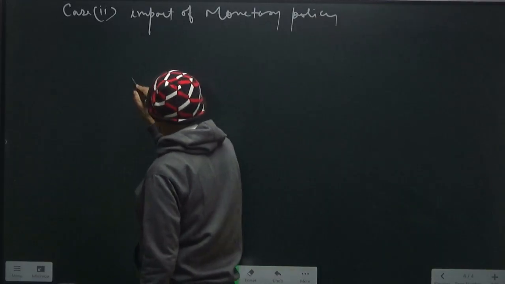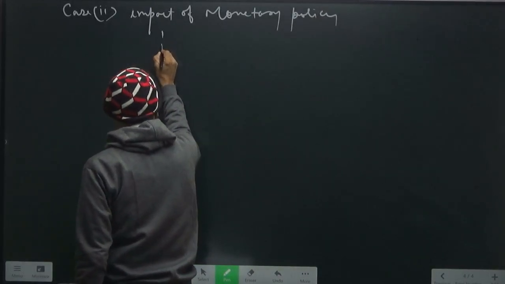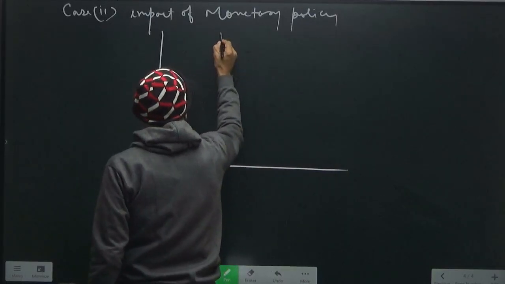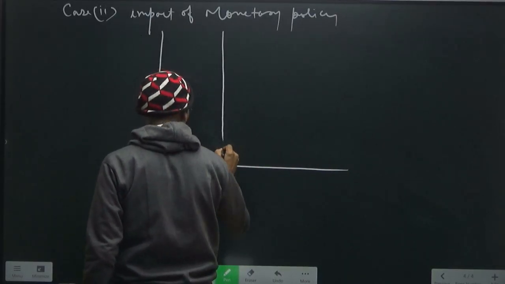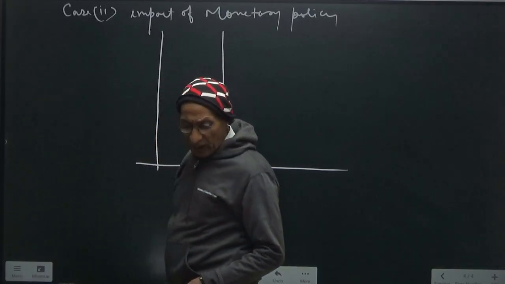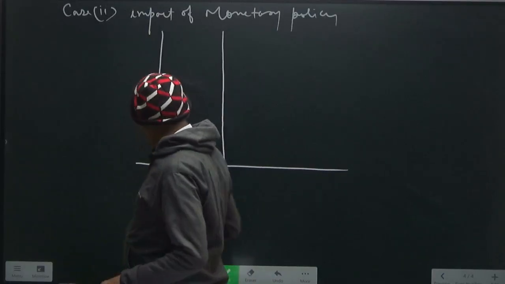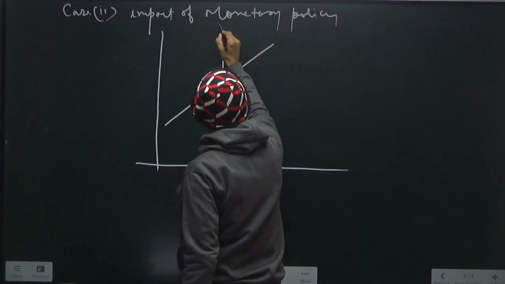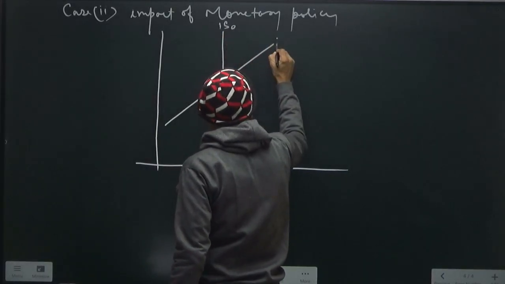Again, this is the vertical IS curve. Initially, this is the IS curve, this is the LM curve.